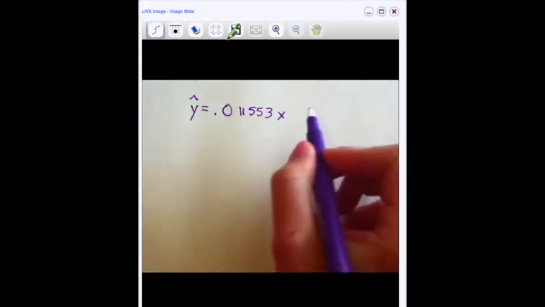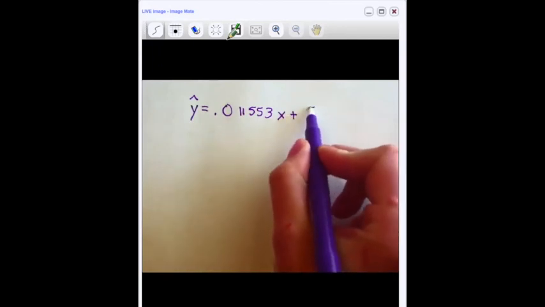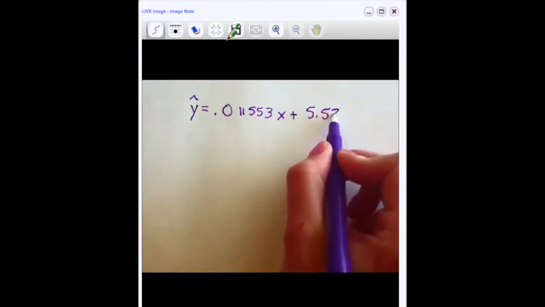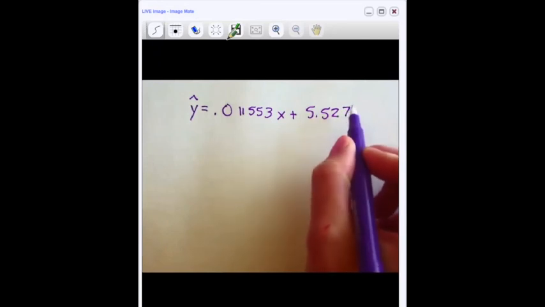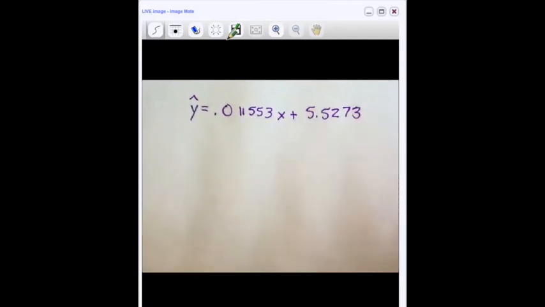X plus 5.5273. We'll round it. So that's our least squares regression line. We found that earlier when we found our correlation coefficient, because the calculator gives us all of that at the same time.